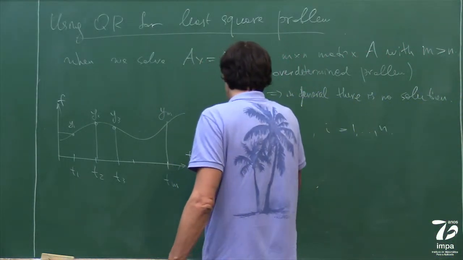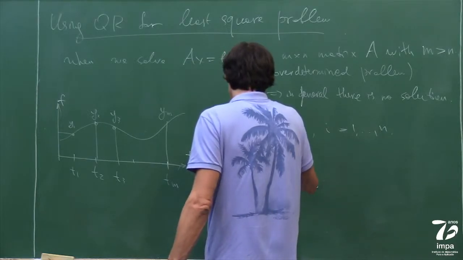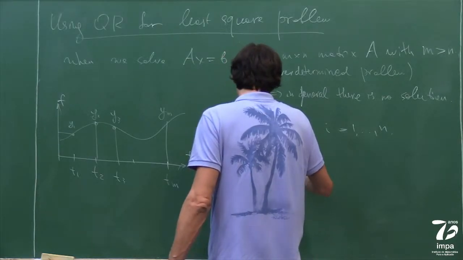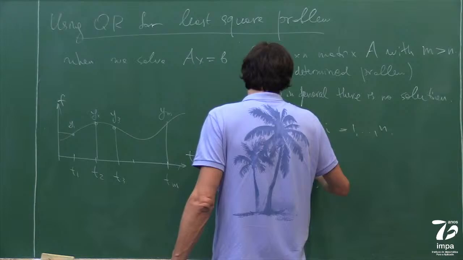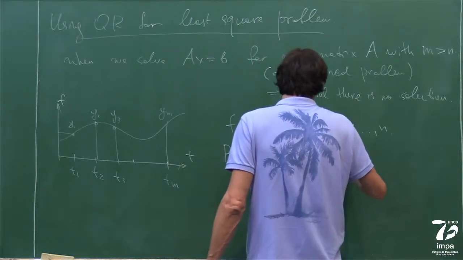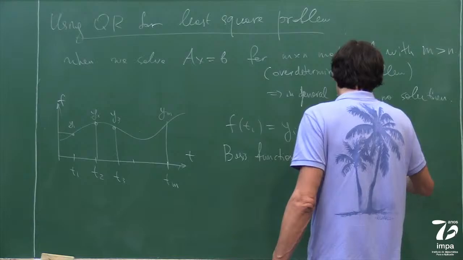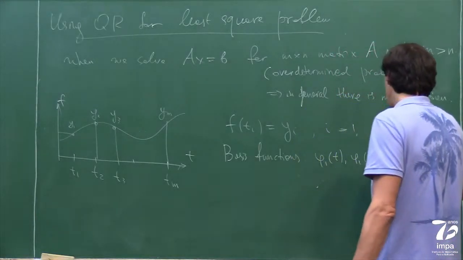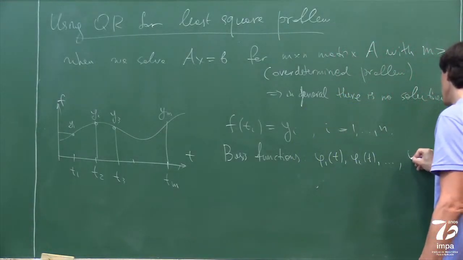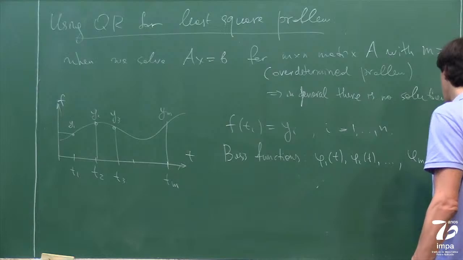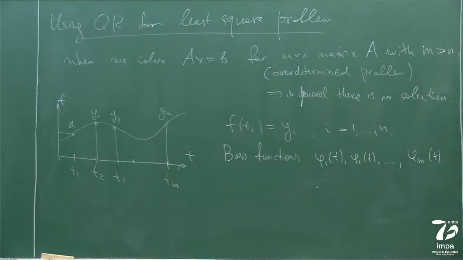So let's consider basis functions Phi1 of t, Phi2 of t. And then there is some number of these functions which is different from m, right? For example, if you remember Fourier analysis, this could be sines and cosines until a certain mode.